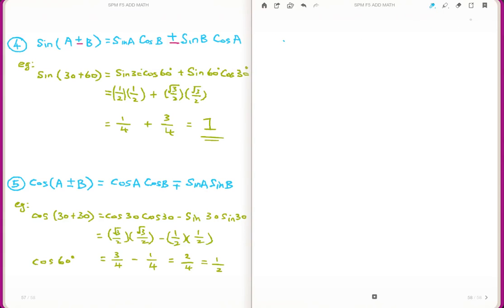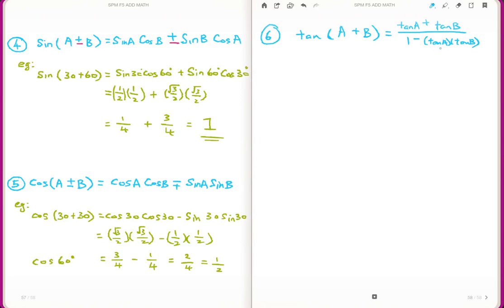Okay, the sixth one. You have sine, you have cos, you have tangent, which come in a package. 6. What about tangent? You have tangent of A plus B, and it will equal tangent A plus tangent B over 1 minus tangent A times tangent B. You just know it.